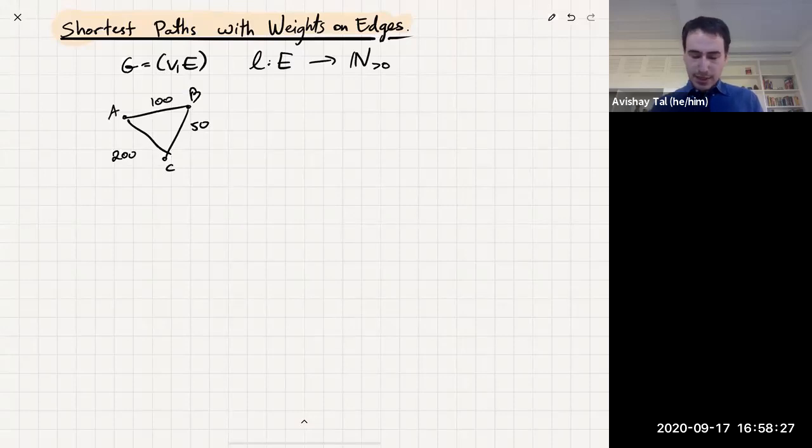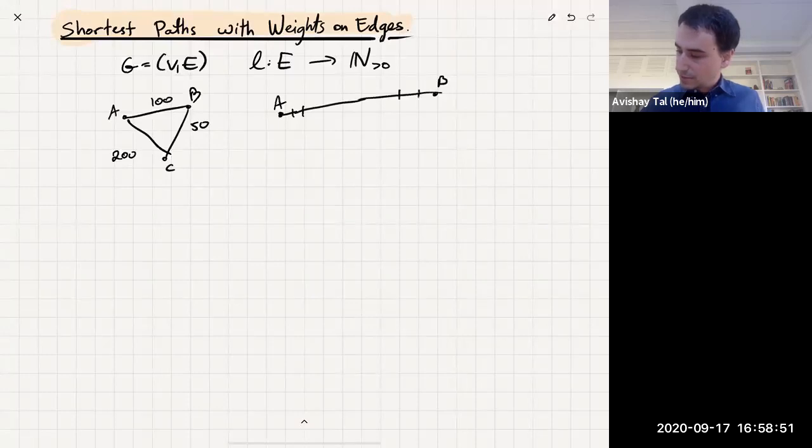So the idea is that we can just replace every edge with a lot of small edges. So the edge from A to B is of length 100. What would happen if I add 99 intermediate stop points?